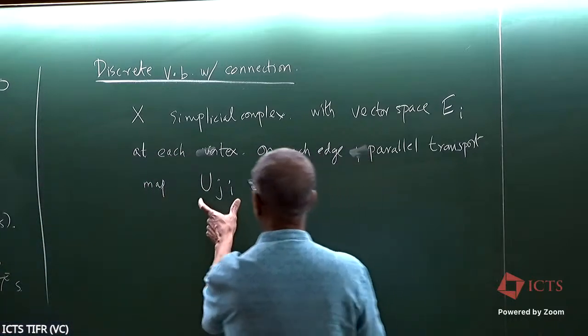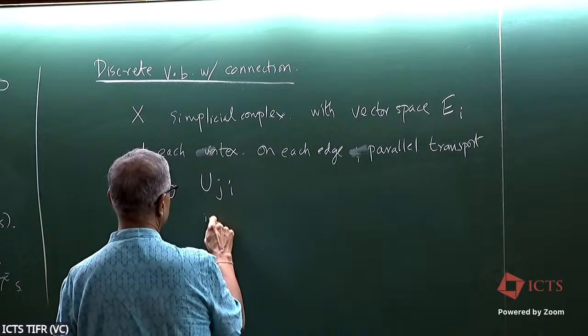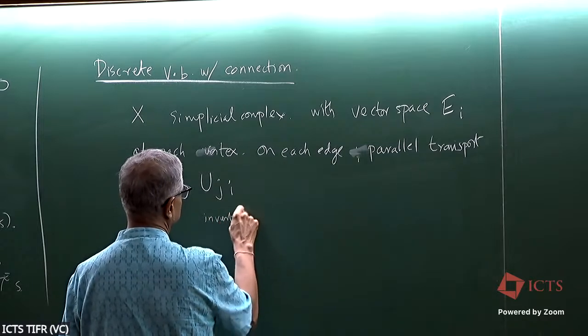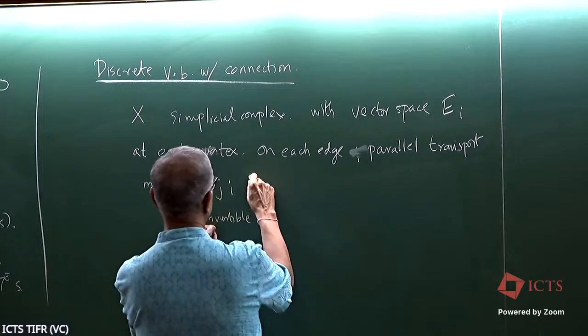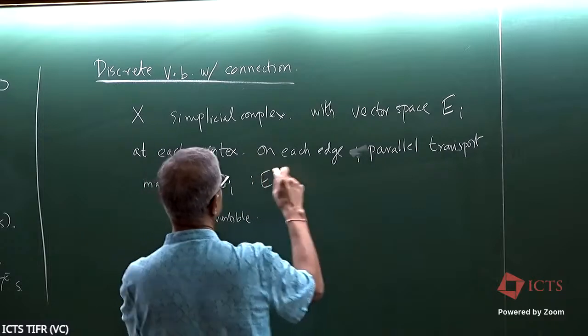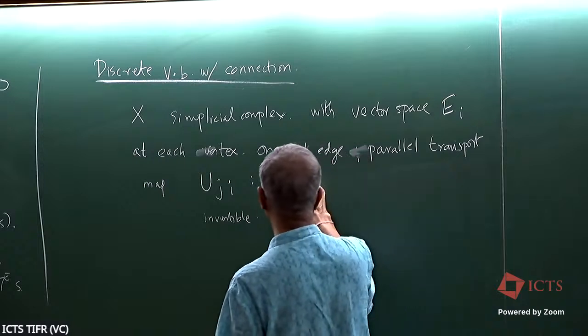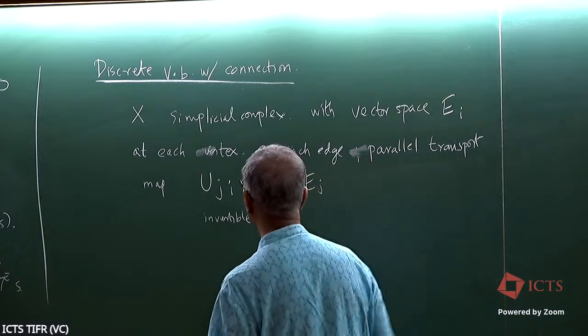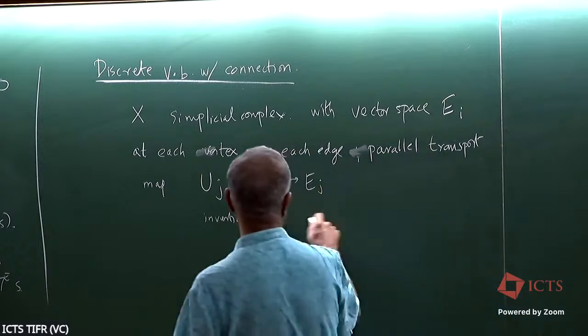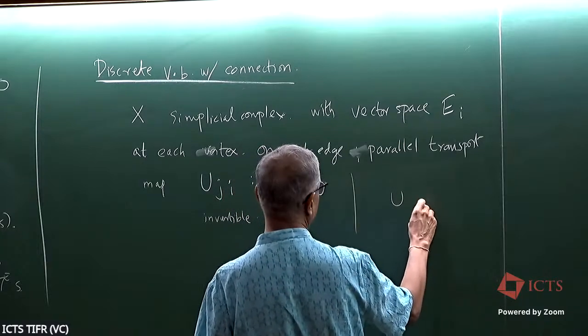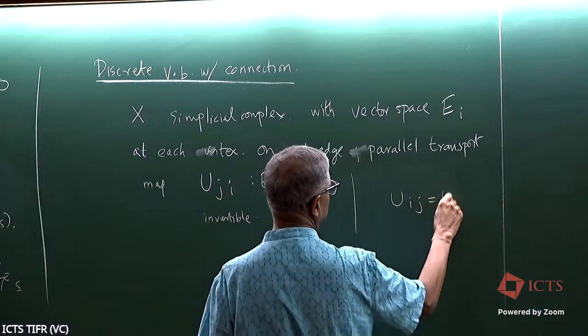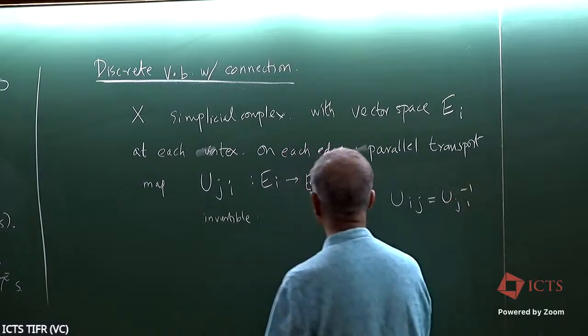This is an invertible map, and it maps the fiber. These vector spaces we will call fibers. It maps this fiber to that fiber. And there's a compatibility condition that if you go in the other direction, then it's the inverse of that.